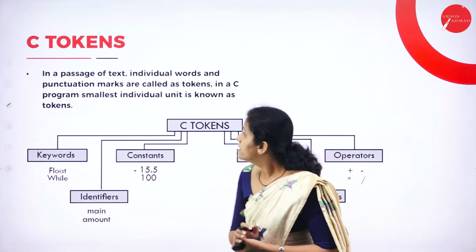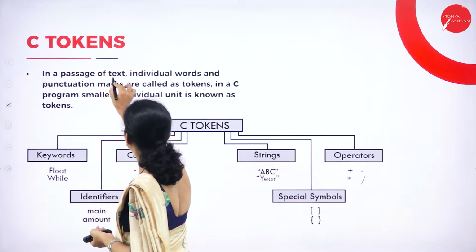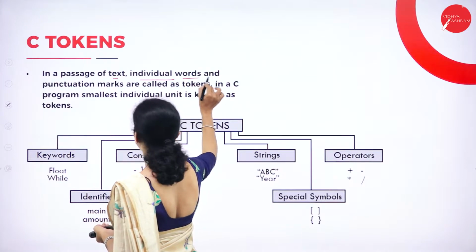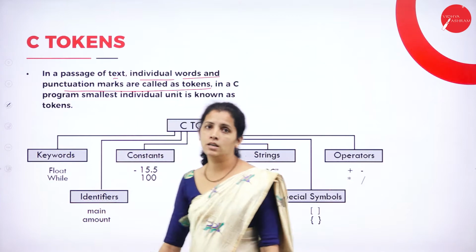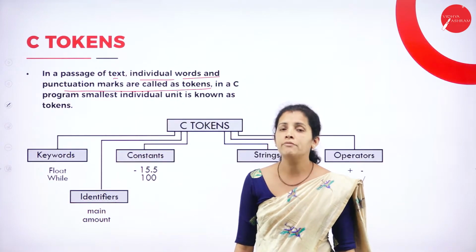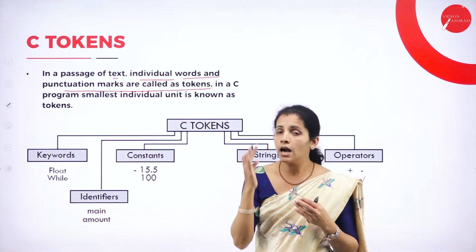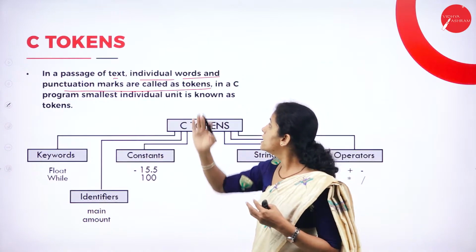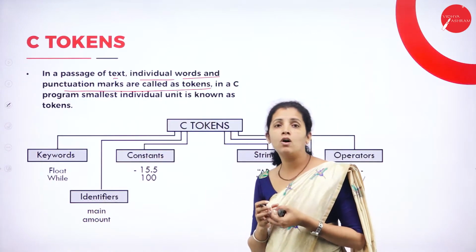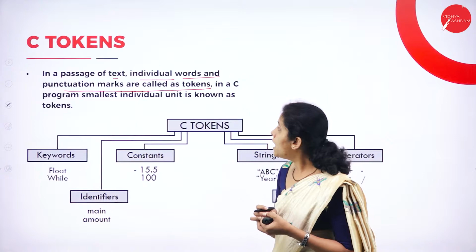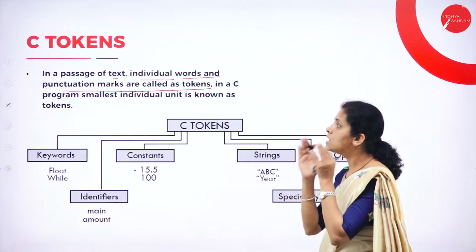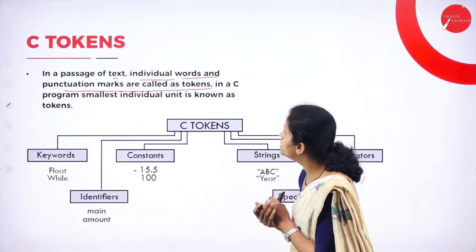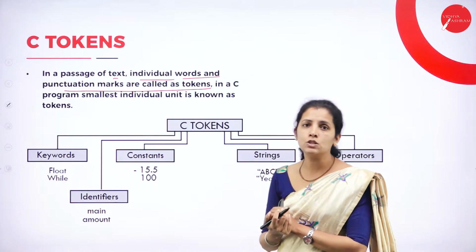So in a passage of text, individual words and punctuation marks are called tokens. Suppose I make a sentence, and in that sentence, if I use words or punctuation marks, then they are known as tokens. So the smallest individual unit is also known as token.